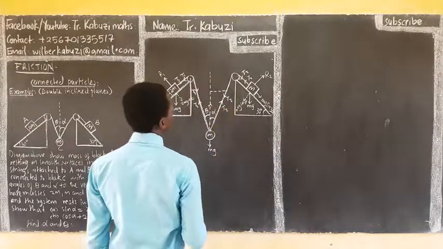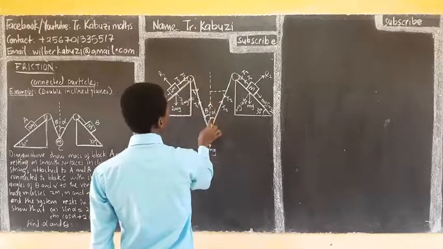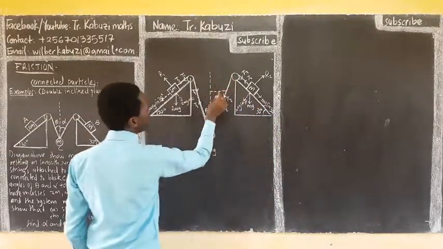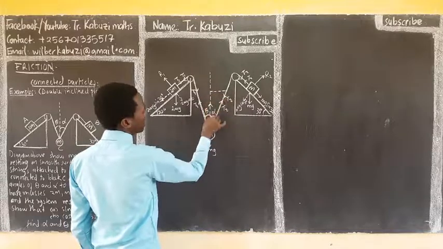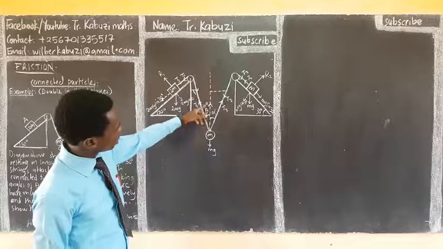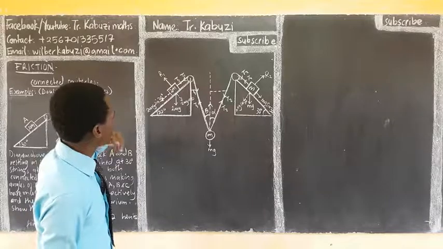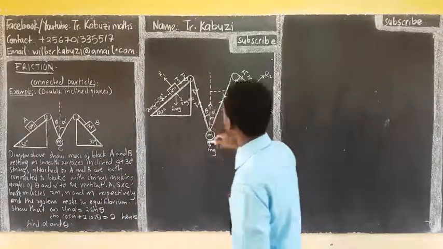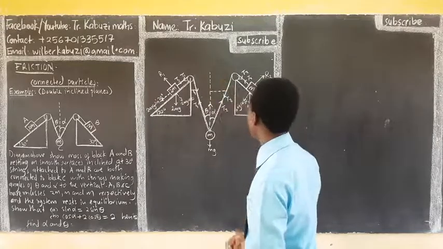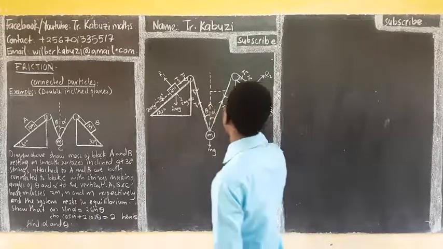Because this is adjacent, based on this angle, this is adjacent, and this is opposite. I want to write it vertically like this, but when you base on this first T2, you see T2 shall move like that and like this.